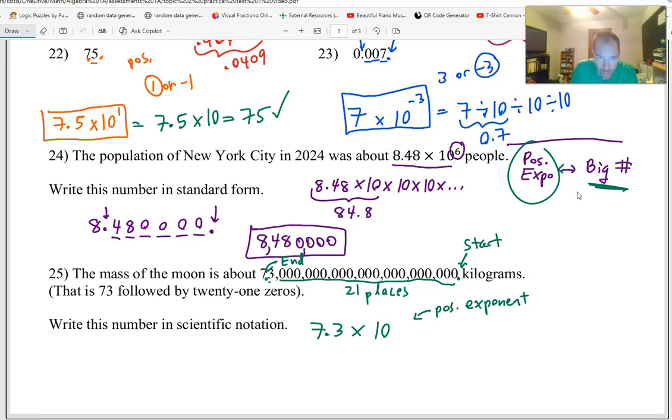But then I got to get one more to get from the right of the 3 to the left of the 3. 21 plus one more, that's going to be 22. 22 is going to be the exponent. It's a positive 22 instead of a negative 22 because this is such a big number.